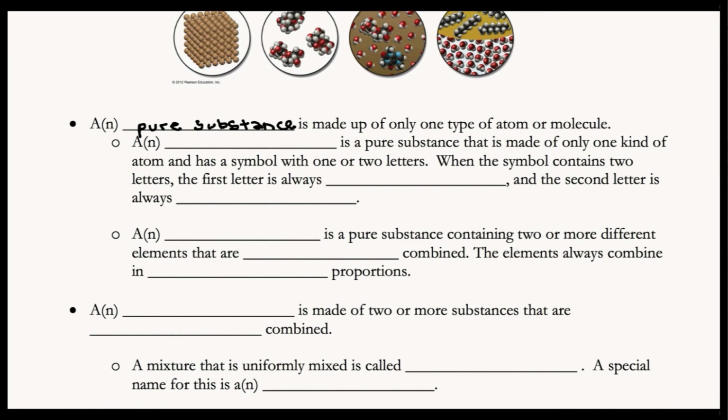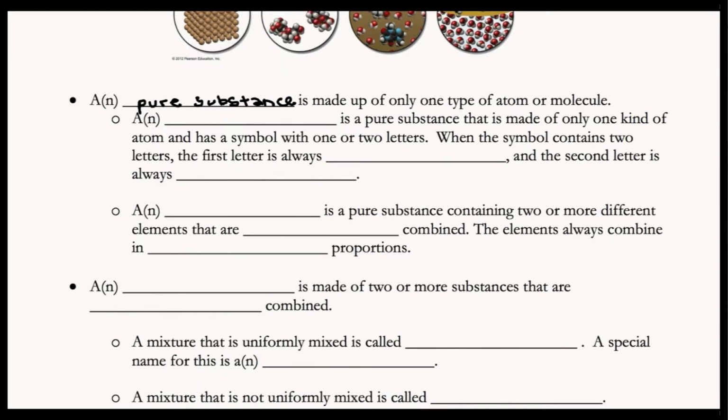Okay? So if you have a pure substance that has only one kind of atom, then you have what's called an element. Okay? And the way that you know it's an element, it's going to only have one or two letters. If it's one letter, for example, oxygen, that letter is capitalized.